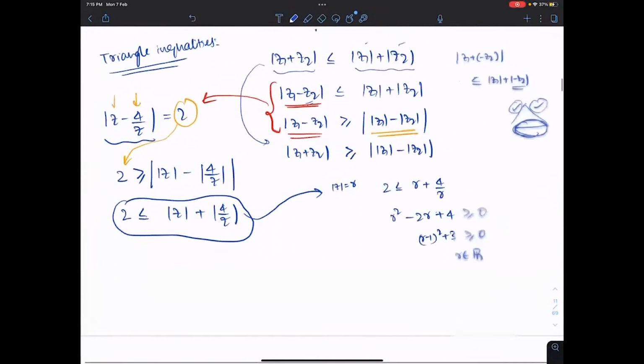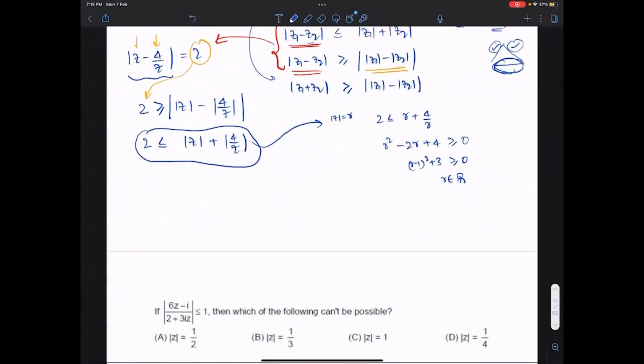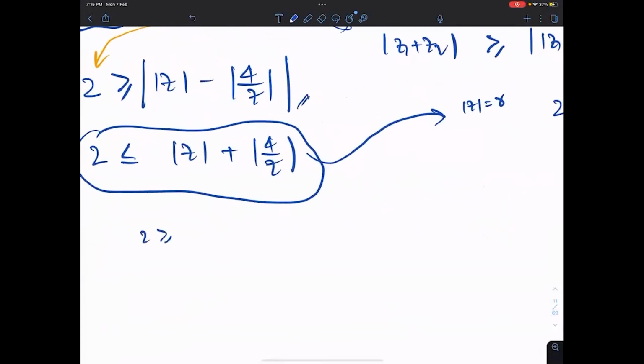Okay. Then we have the other one here. So 2 greater than or equal to modulus of R minus 4 by R. Correct? So whenever modulus of something is less than or equal to 2, what does it mean? That something, whichever is there, R minus 4 by R, must be less than or equal to 2 and greater than or equal to minus 2.